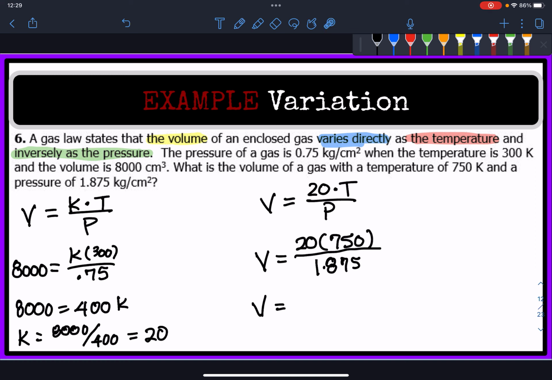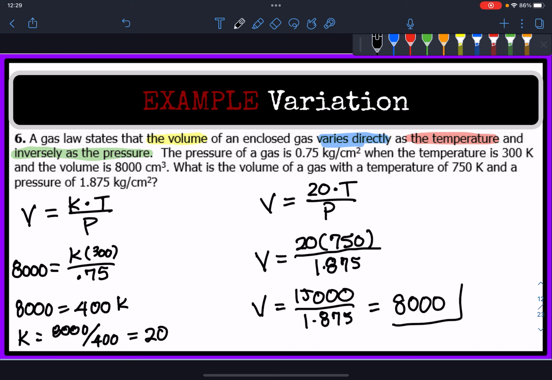So 20 times 750, that's equal to 15,000. And then divide that answer by 1.875, which, coincidentally enough, is also equal to 8,000. So that's the volume with that temperature and this much pressure.